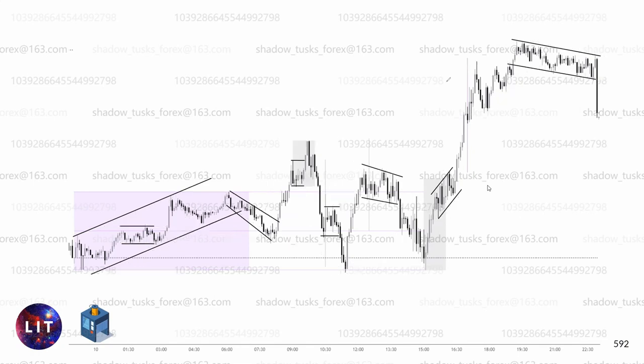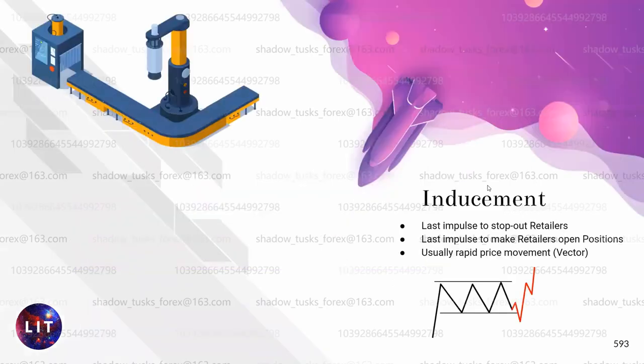What is our next step? Well, our next step is going to be identifying our inducements. What do we know about inducements? Inducements should bring people in and take people out, and they should pretty much always contain vector candles. So let's give the example we always give. Right, we've pushed away. So sellers are in here, stop losses up here.